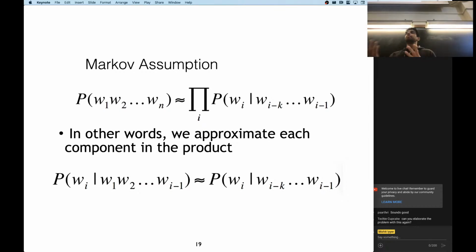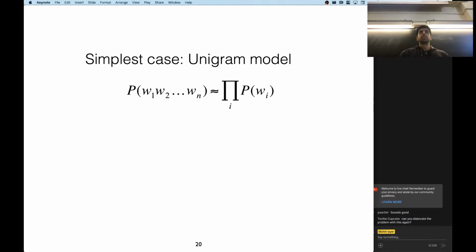But it makes this approach of counting and dividing actually tractable, because regardless of where we choose to chop off our prefix and how many words we choose to allow, we can count all occurrences of strings up to that length and then just use this simple count and divide rule to get the conditional probabilities that we want in our language model. So let's take a look at the worst possible model, which is the unigram model.